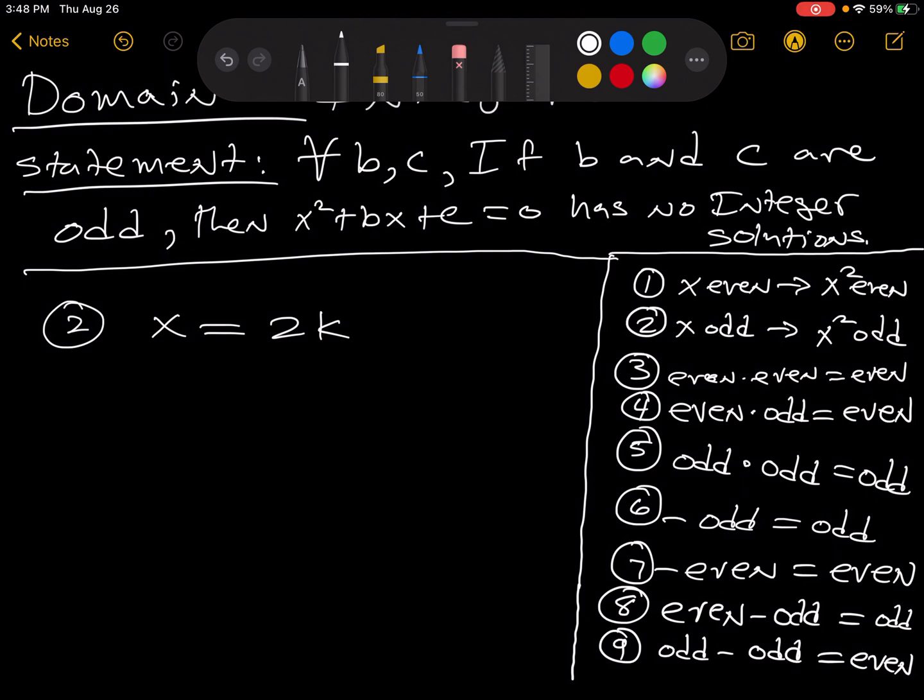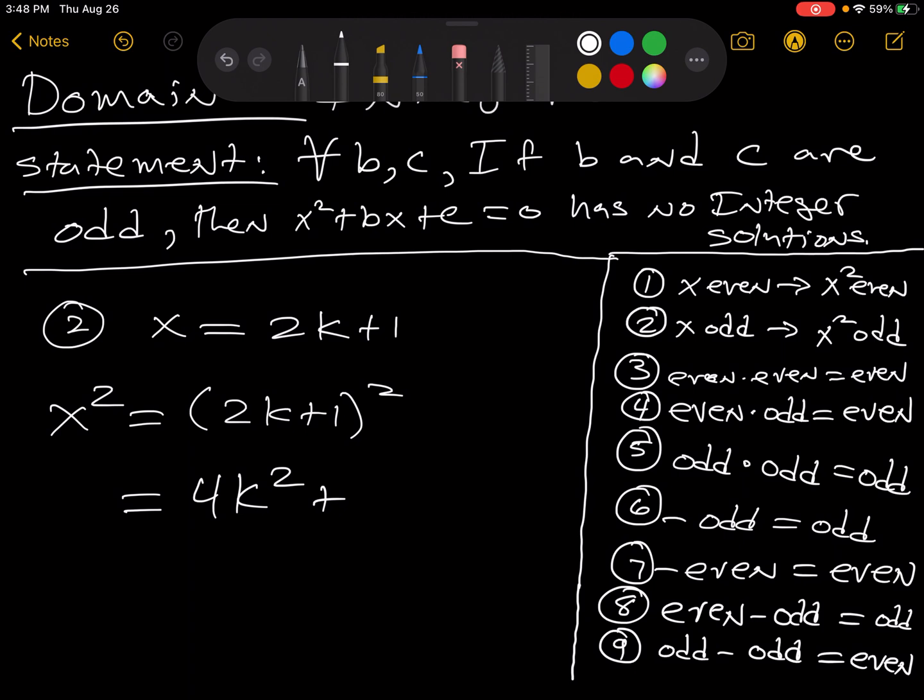Let me establish 2. If x is odd, x is 2k plus 1, where k is an integer. So that means that x squared is (2k plus 1) squared, which is 4k squared plus 2 times 2k plus 1. We can factor out a 2.